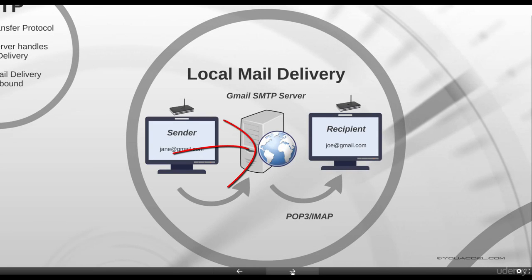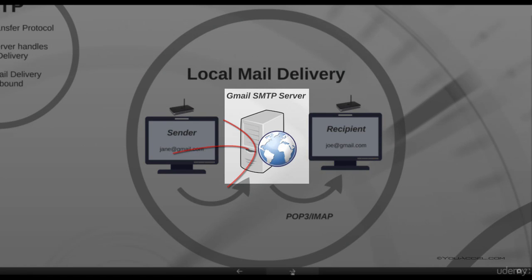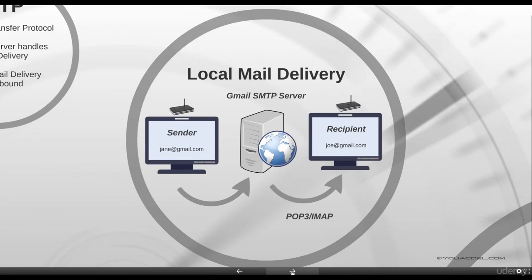Either way, the email is sent to the outgoing SMTP server that resides on the email provider's server, in this case, Gmail. The SMTP server has a variety of tasks. It checks the data packets for header information. As you might recall, the header information in a packet contains the sender and recipient of the packet.